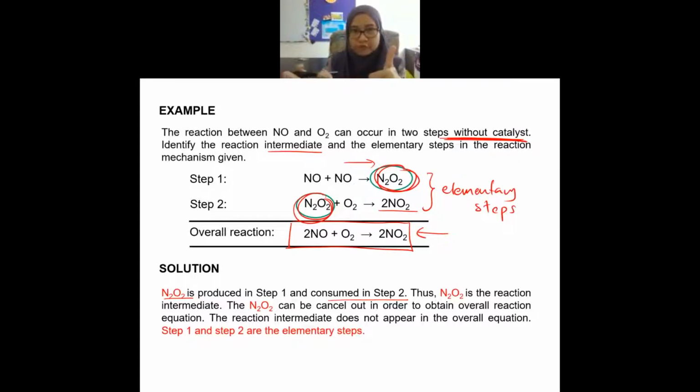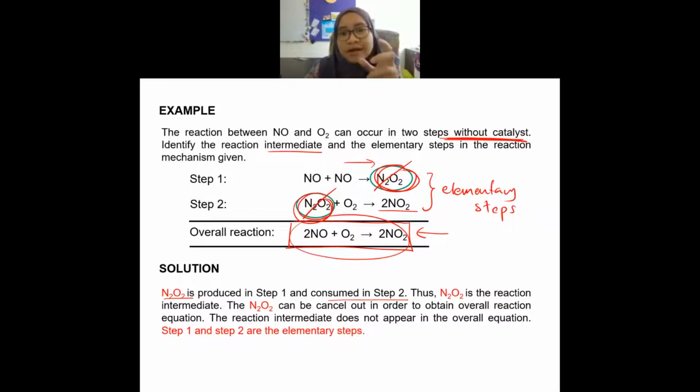Second, it can be cancelled out, because an intermediate will not appear in the overall reaction. See? Is there N2O2 in this reaction? No, we don't have it in the overall reaction. Those two are the characteristics of an intermediate.